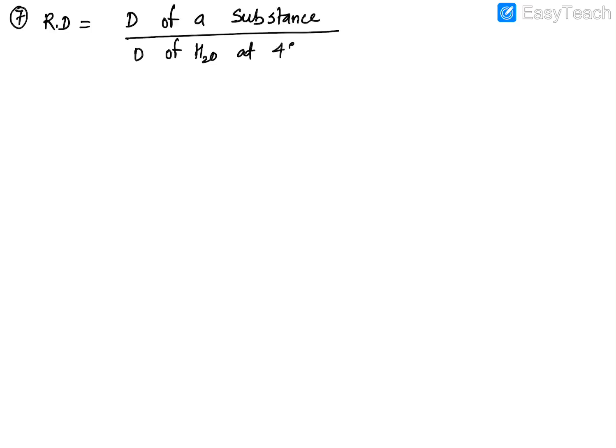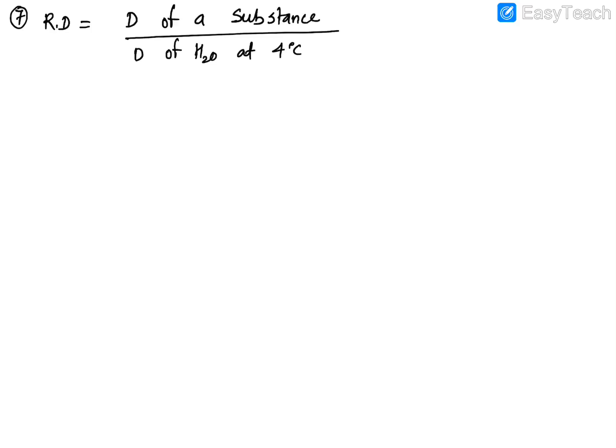What do you mean by RD? RD means relative density. Relative density is defined as density of a substance divided by density of water at 4 degrees centigrade.